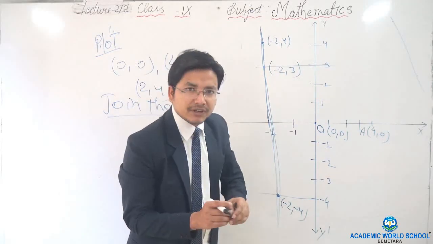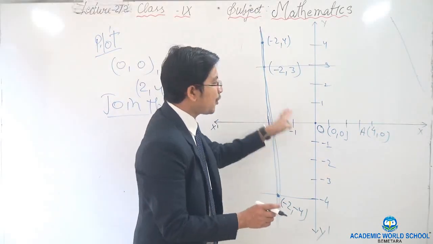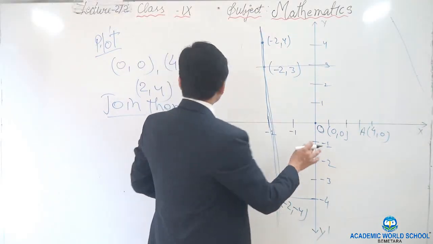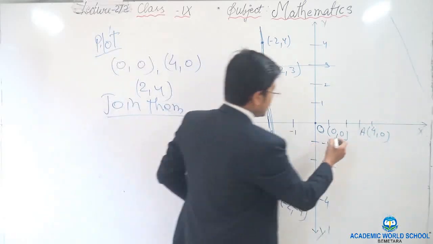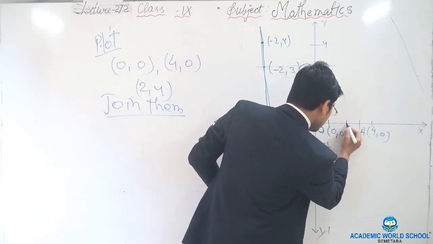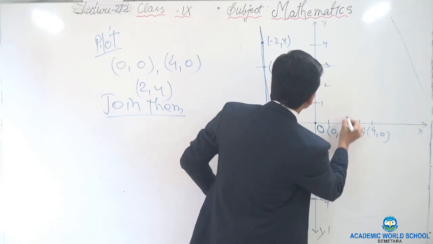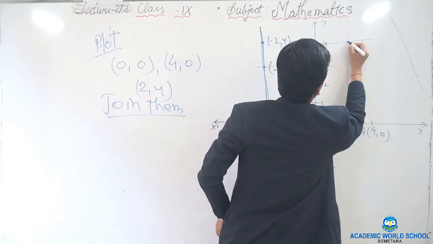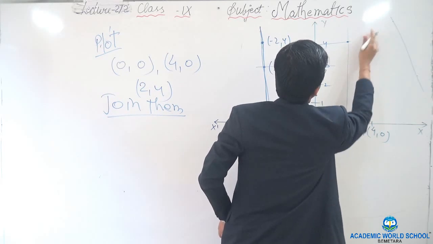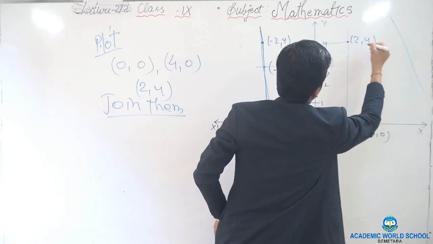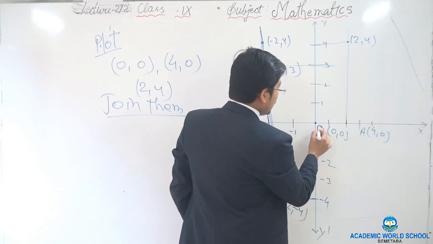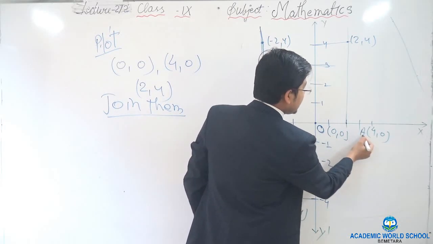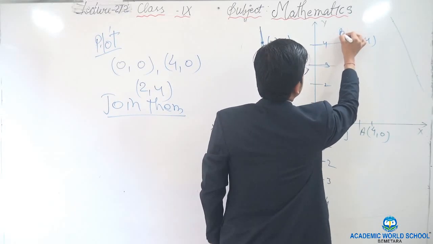So it is more convenient for you to draw this point on the graph paper. So this point is 2, 4. Moving 2 on x, I come here, now 4 up. This is the point 2, 4. This is origin O, this point is A, and let's say this point is B.